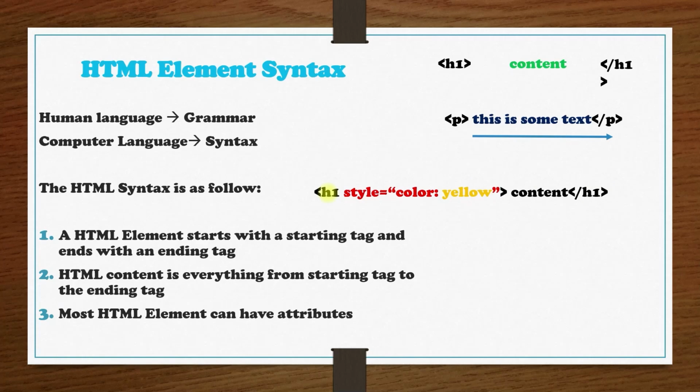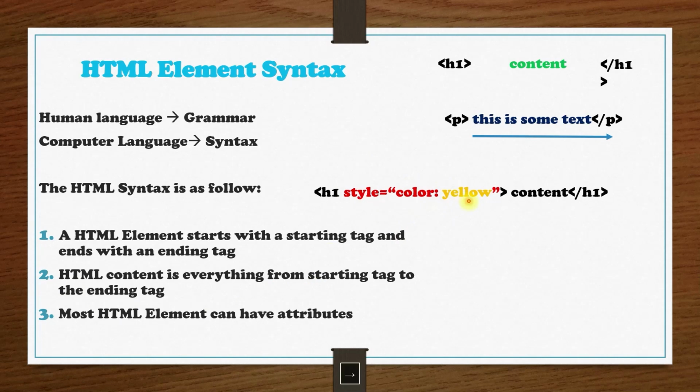The text was what? Hello world, and we wanted to change that text to yellow color. We used an attribute which was named style, and then we gave a color, the yellow color, for that text.